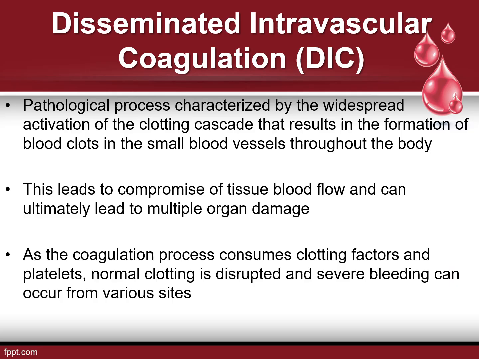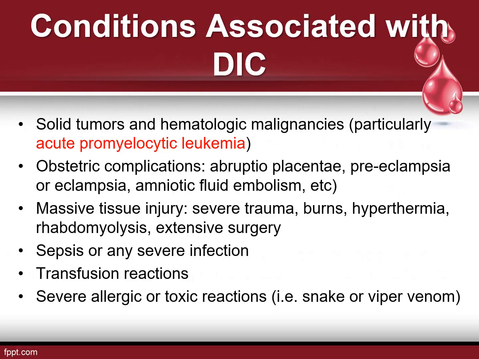It leads to compromise of tissue blood flow and can ultimately lead to multiple organ damage, as the coagulation process consumes clotting factors and platelets. Normal clotting is disrupted and severe bleeding can occur from various sites. DIC can complicate several conditions and is generally associated with high risk for mortality.